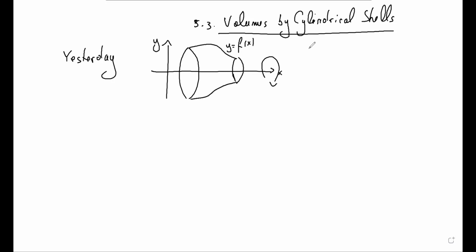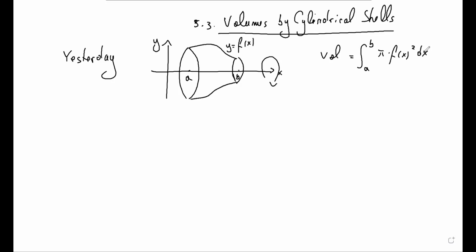I'm just going to hurry up a little bit here, hopefully we don't get any more disconnections. The volume here we said was the integral from a to b, where a and b were here, of pi times f of x squared dx.